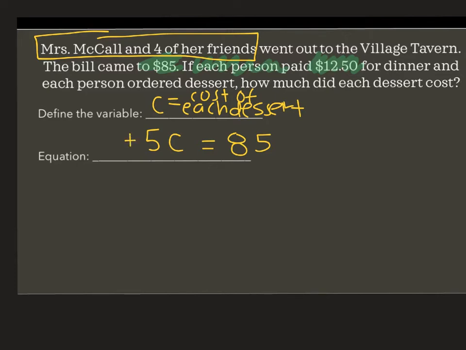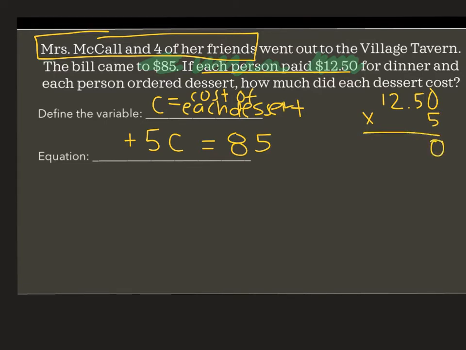Now the other number is not going to be $12.50. This is where it's a little tricky. This said each person paid $12.50. So in order to figure out the cost of just the dinner portion, we have to do $12.50 times 5 before we can write the rest of our equation.